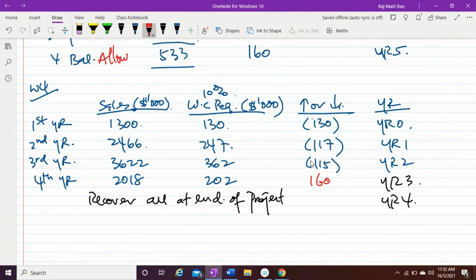Come on, how much do you recover at the end of the project? What's the balance working capital to recover? You invest 130. Yes, 202. So you can see your balance here. At the end of the day, you'll have 0 balance. Everything is fully recovered.